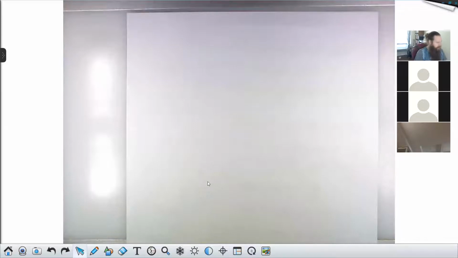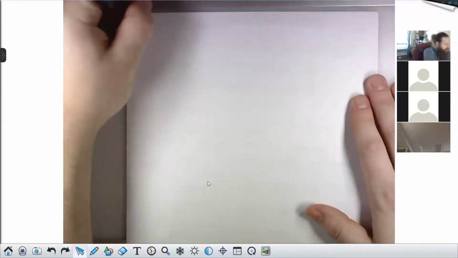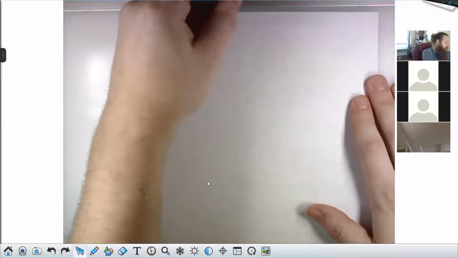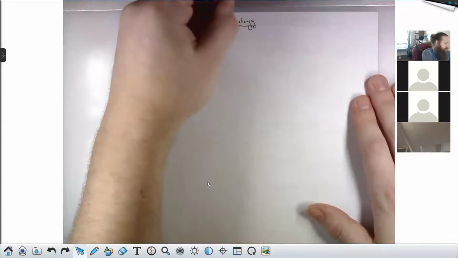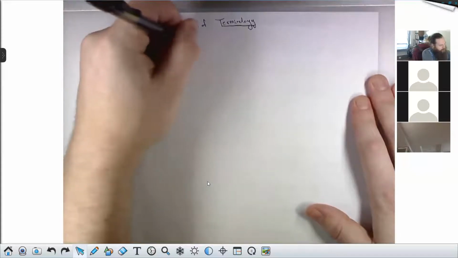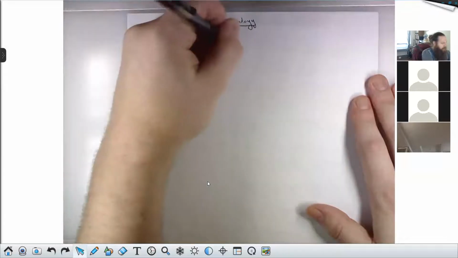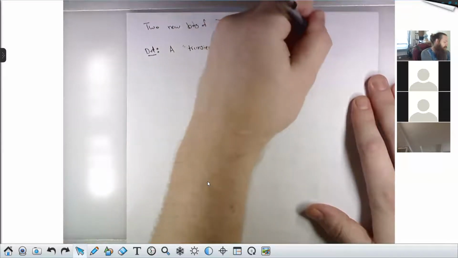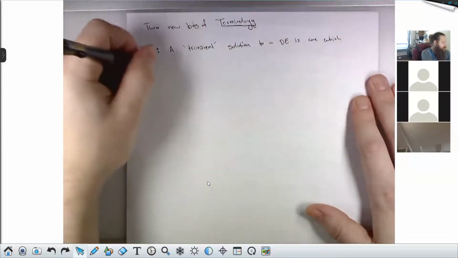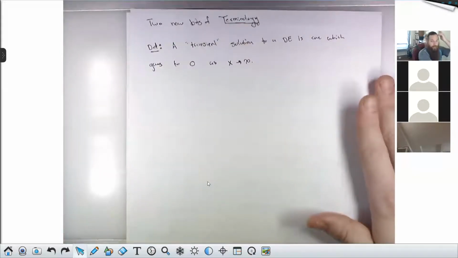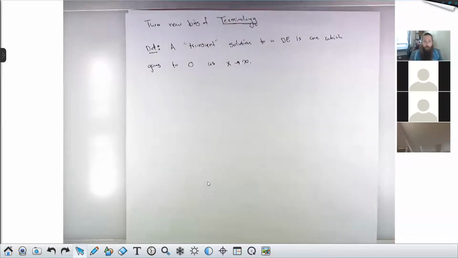First, transient solution. A transient solution is a piece of the solution, or maybe the whole solution itself, that goes to 0 as x goes to infinity.